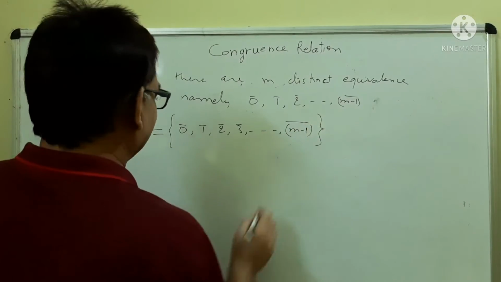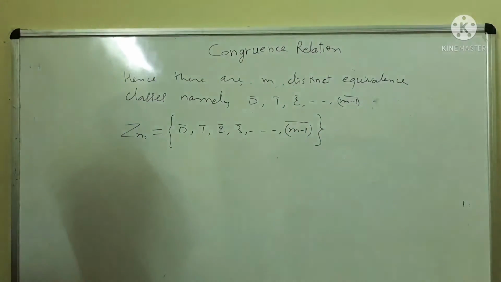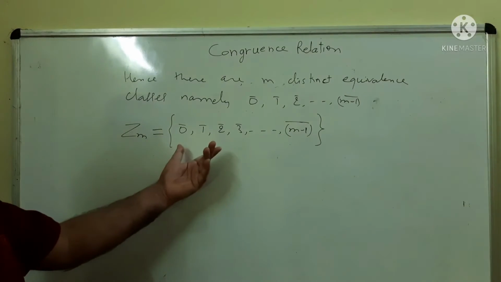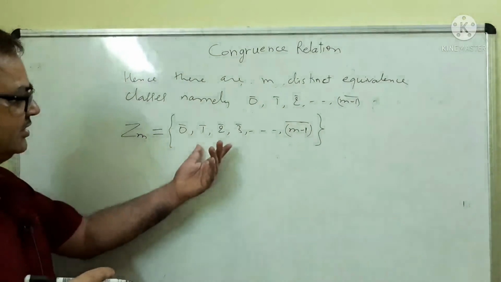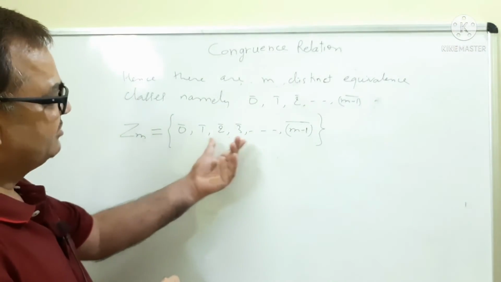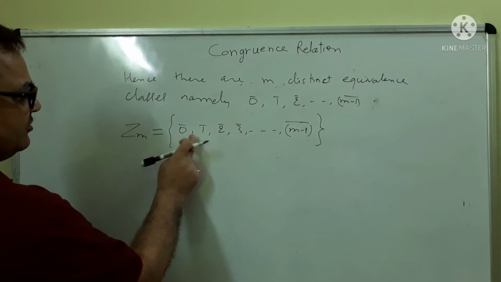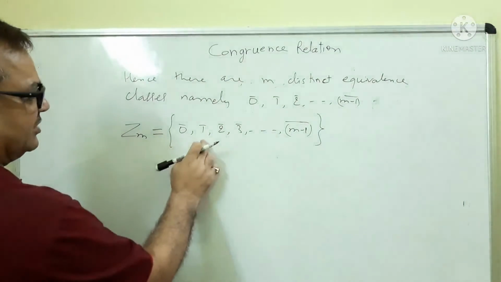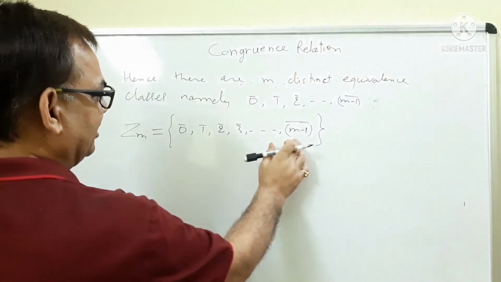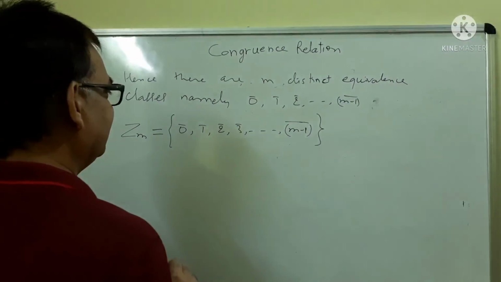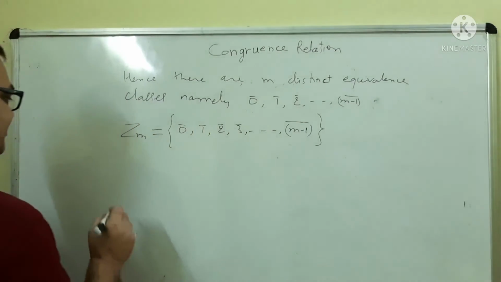Zm contains m elements. The elements of Zm are also called integers modulo m. These equivalence classes 0 bar, 1 bar, 2 bar, 3 bar up to m minus 1 bar are called integers modulo m.